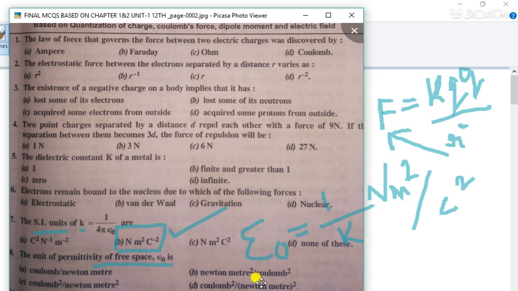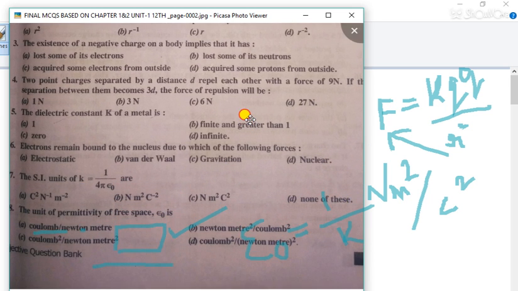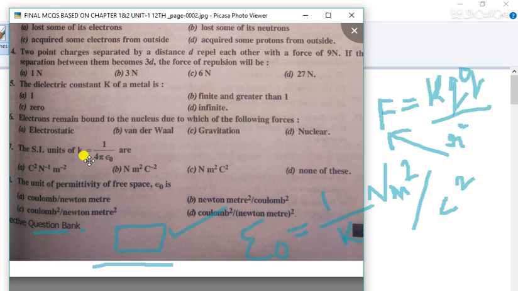The unit of K is Newton meter square per Coulomb square, and the unit of permittivity of free space, epsilon naught, is Coulomb square per Newton meter square. So this will be the answer. Option number C will be the answer for this question also.